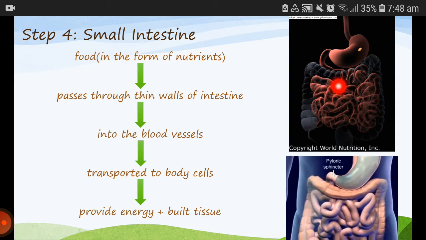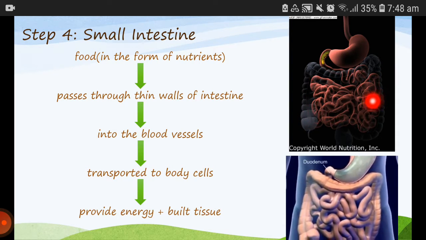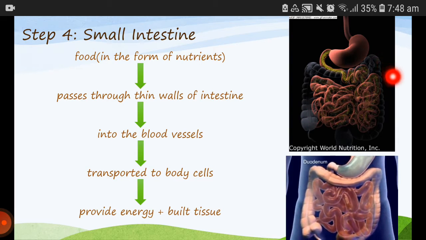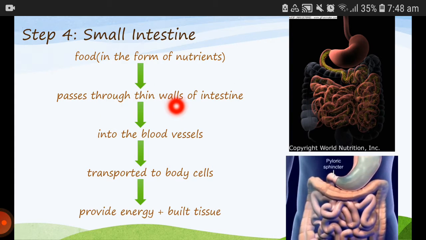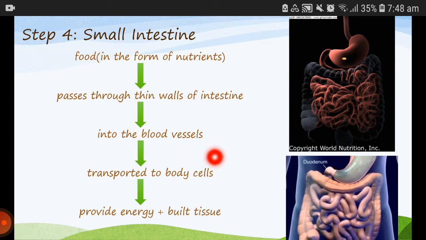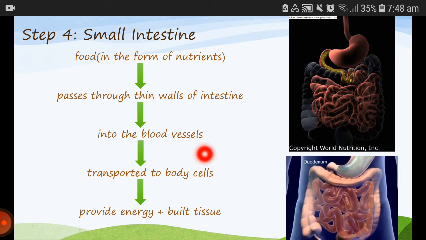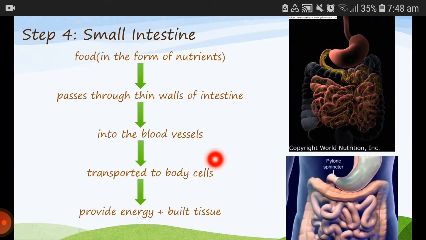So what happens is that when food moves out from the walls of the small intestine, it goes into the blood vessels surrounding the organ. The food passes through the thin walls of the intestine into the blood vessels, and after it passes into the blood vessels, the vessels transport the food to the body cells.